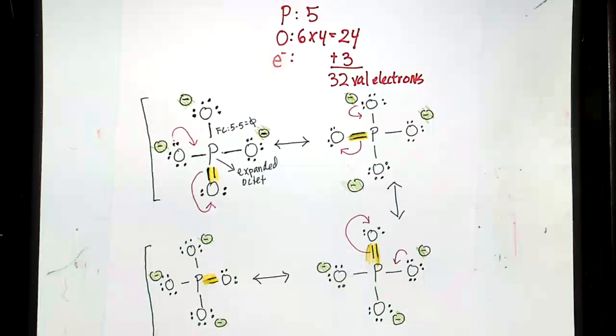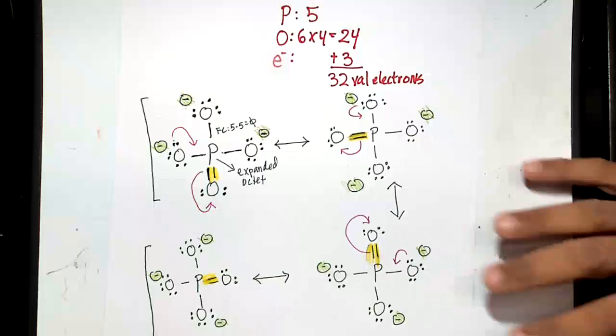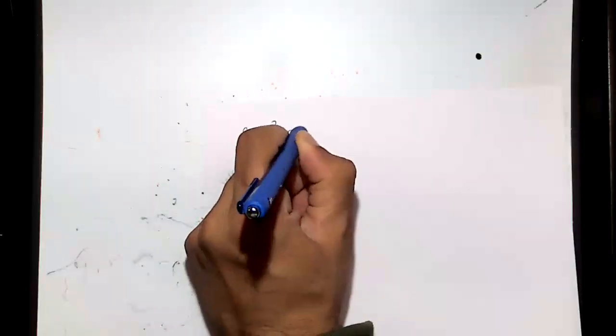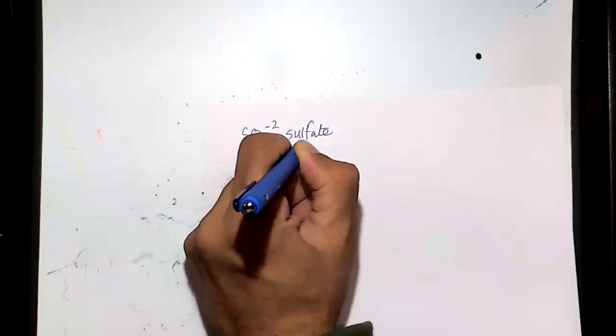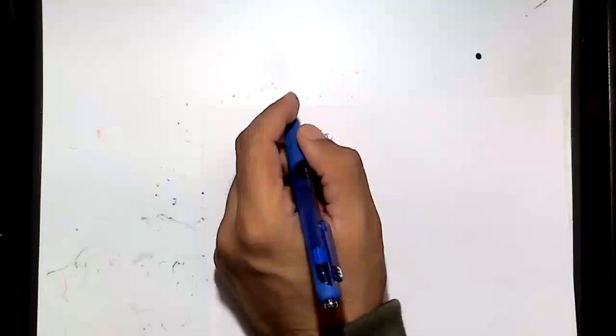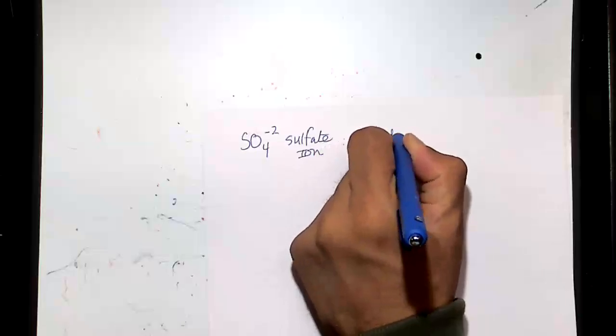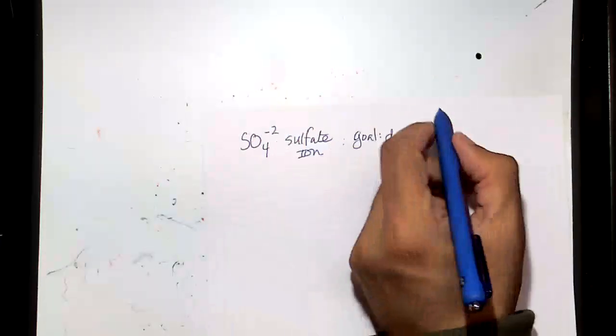So that is phosphate. Okay, so carbonate, nitrate, and phosphate have resonance structures. Okay, there's one more. I'll let you guys do that at home, just for practice, it's sulfate. Sulfate has resonance structures, and the goal here is to draw all the resonance structures of sulfate ion.